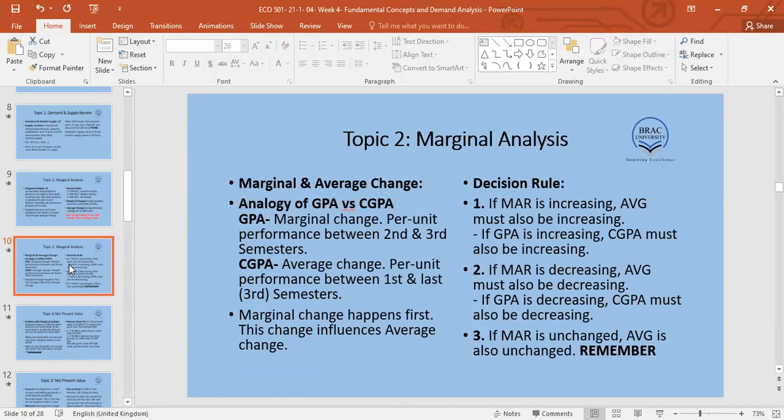If your marginal is falling, i.e. your GPA is falling, then definitely your CGPA will also be falling. If marginal change is the same as before, then what happens? Your CGPA will remain unchanged, right? Lovely.